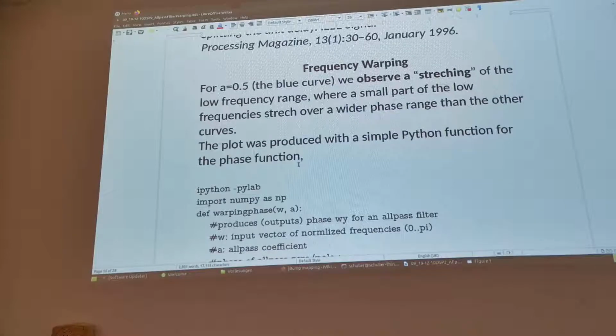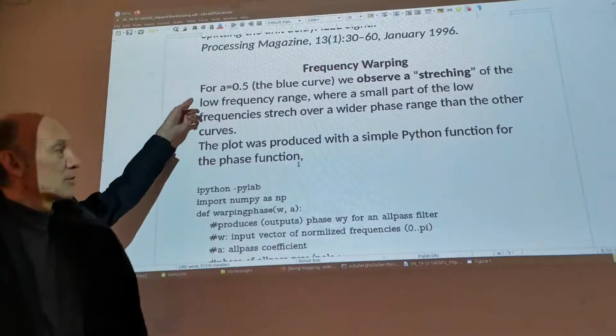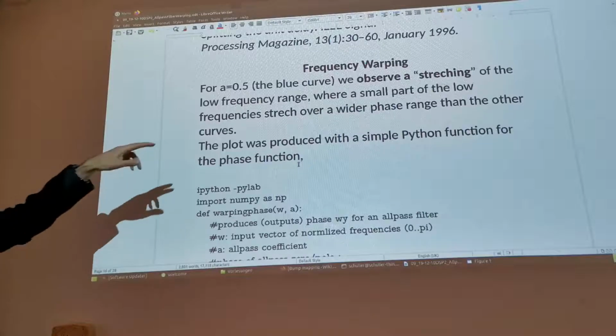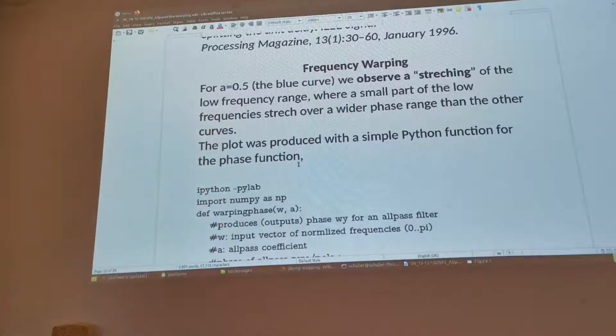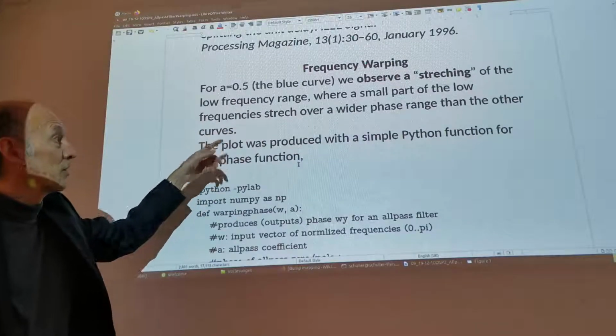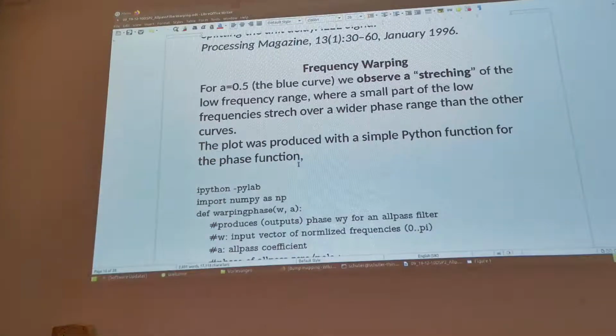You can also use this all-pass filter for frequency warping, which is another application. For a equals 0.5, the lower blue curve, we observe a stretching of the low frequency range, where a small part of the low frequencies stretches over a wider phase range than the other curves, because it falls down quickly.